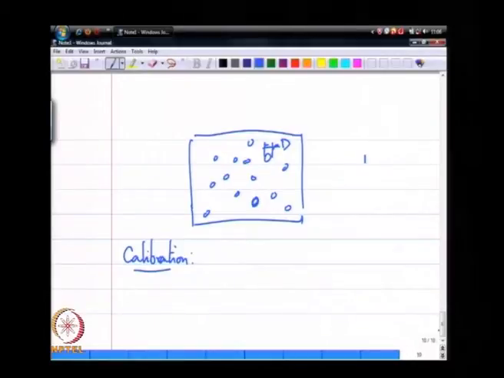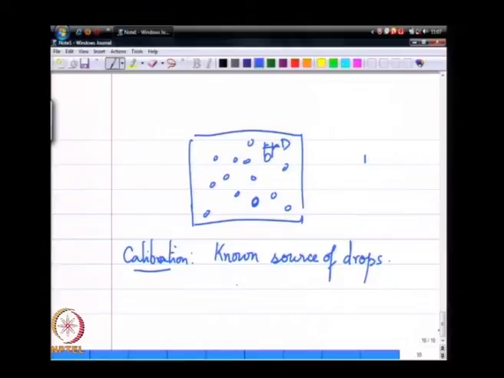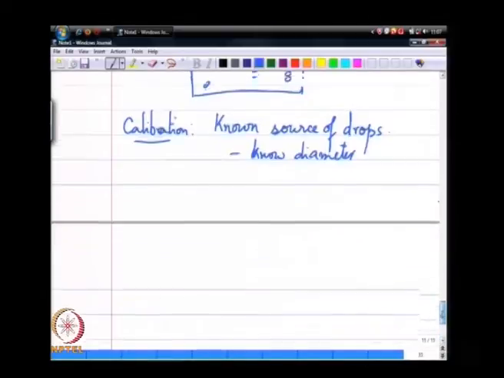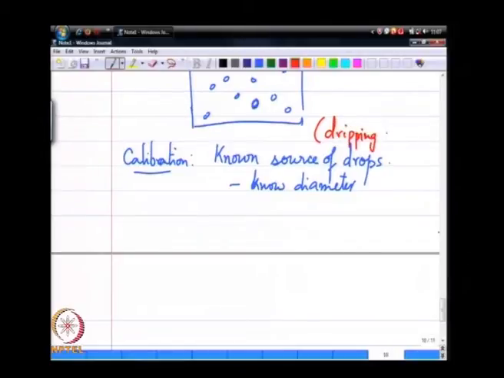So, if I take a known source of drops, the calibration process starts with a known source of drops. So, you know the diameter. What is the simplest such source of drops? It is essentially your old dripping faucet.